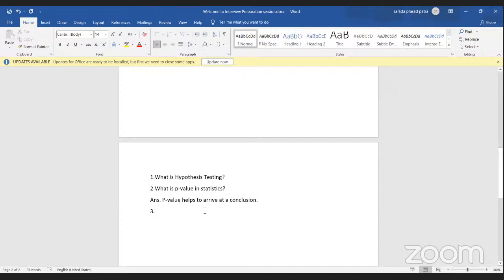The third question: what are the different types of missing value treatment? Yeah, Sujit, you are correct.